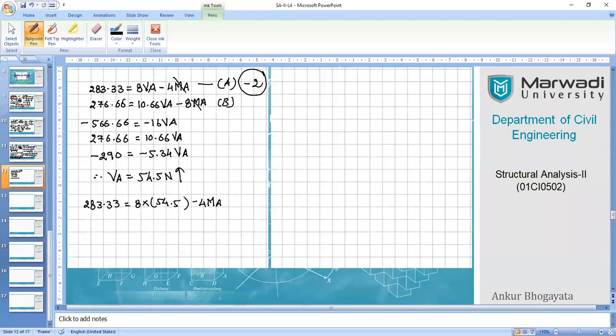So let's do it. 8 into 54.5 gives you 435.2. So this is 283.33 equals 435.2 minus 4 MA. I hope you all or most of you are doing this in parallel, so you are also thoroughly involved in this. Now you can get your answer for MA easily out of this equation.